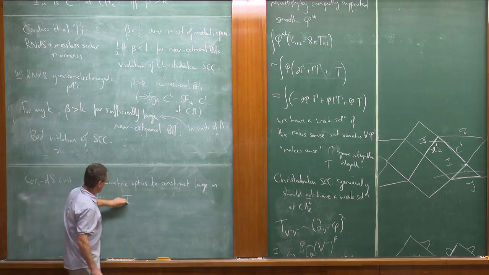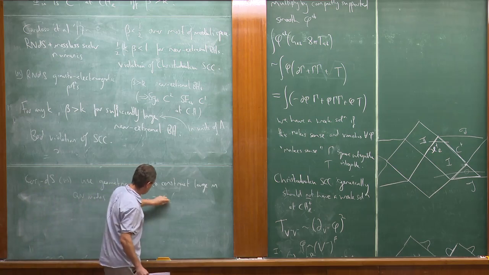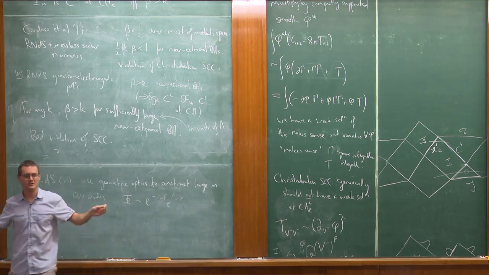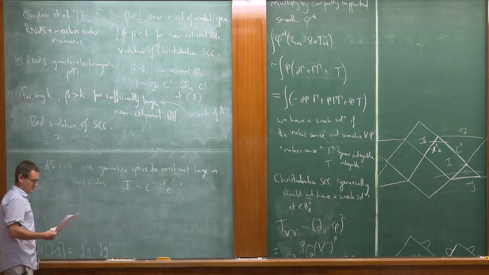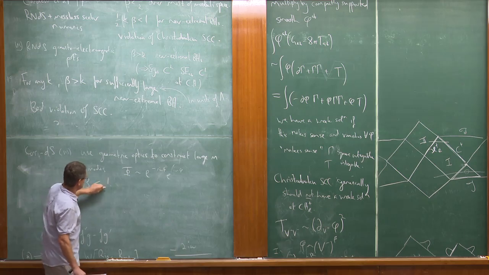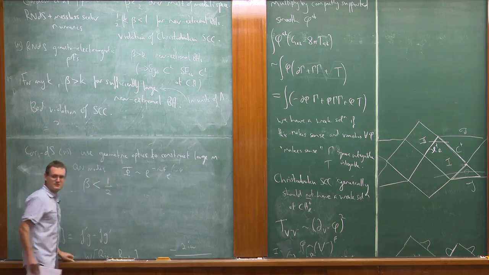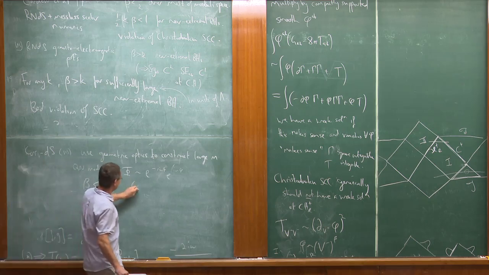Here I'm assuming a field e to the minus i omega t, e to the i m phi. If m is large, you can use WKB or geometric optics to calculate quasi-normal modes. And by doing that, beta is less than a half. And this is actually saturated at extremality.